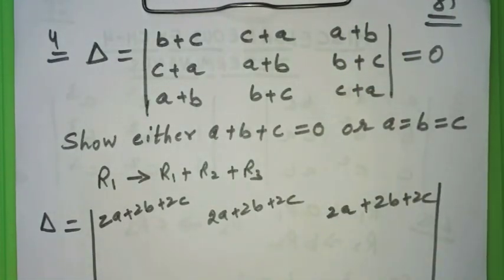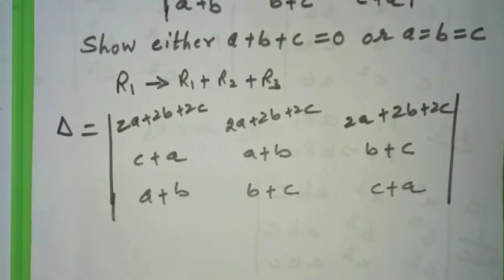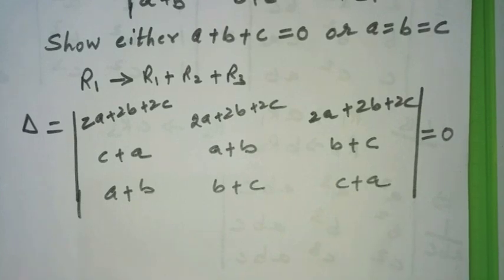So the first row becomes this, and the rest of the rows I copy down: c plus a, a plus b, b plus c; a plus b, b plus c, c plus a. And it is given to you that this determinant is equal to 0.